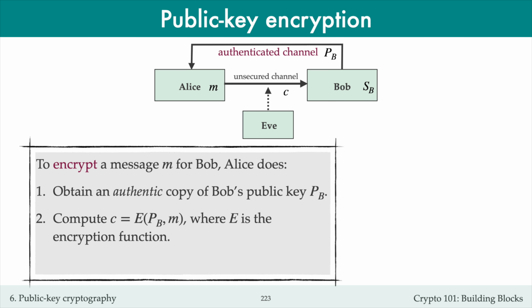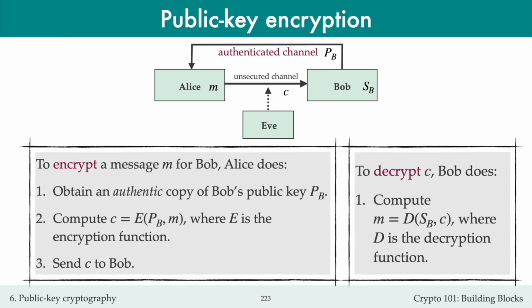Alice then applies the encryption function, which takes as input Bob's public key and the plaintext M to get the ciphertext C. And then she sends C to Bob over the unsecure channel. To decrypt C, Bob applies a decryption function which takes as input his secret key and the ciphertext C and produces the plaintext M.